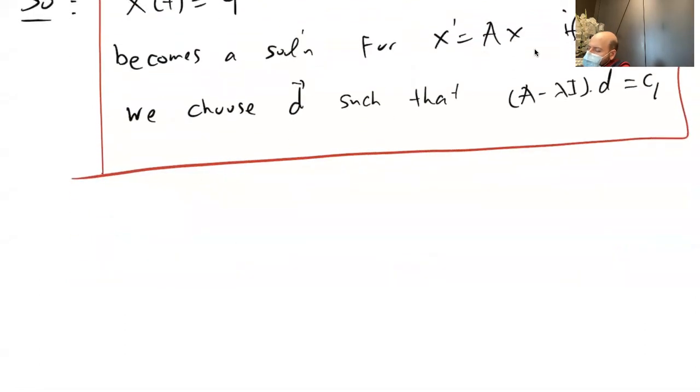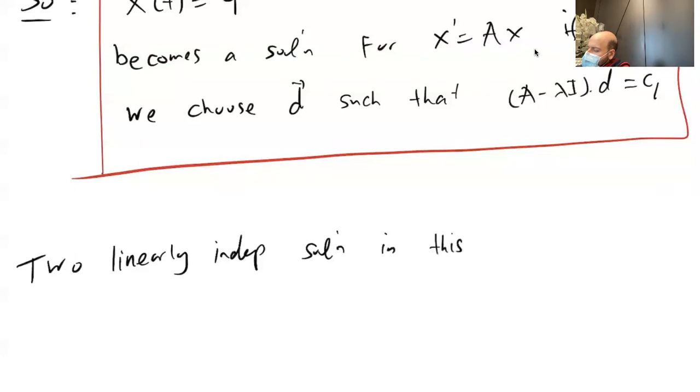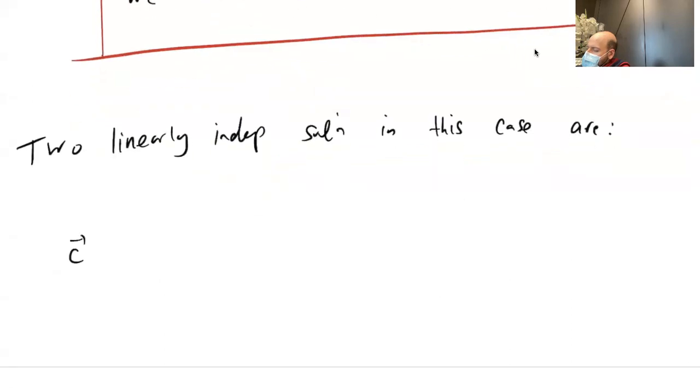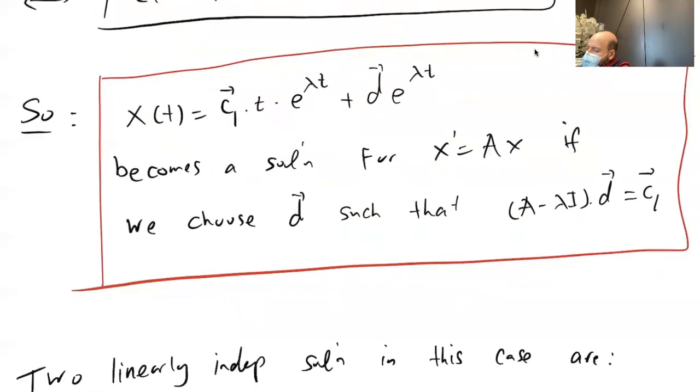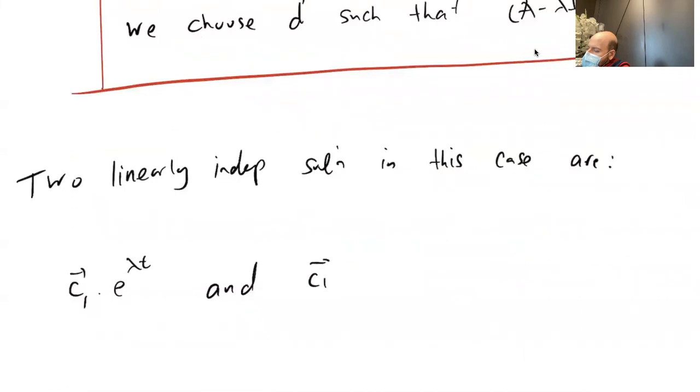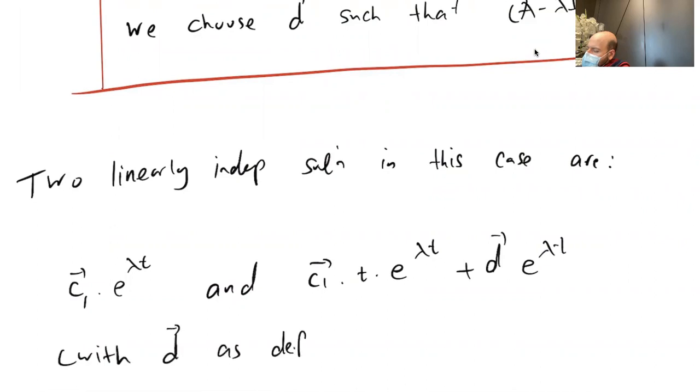So the two linearly independent solutions in this case are C1 e to power lambda t, and this solution here, C1 t e to power lambda t plus d e to power lambda t, with d as defined above.